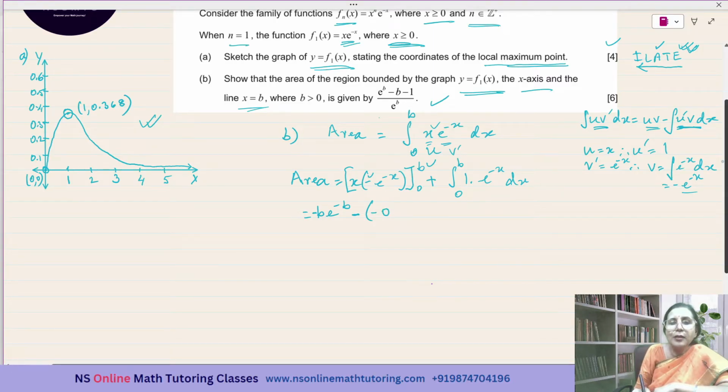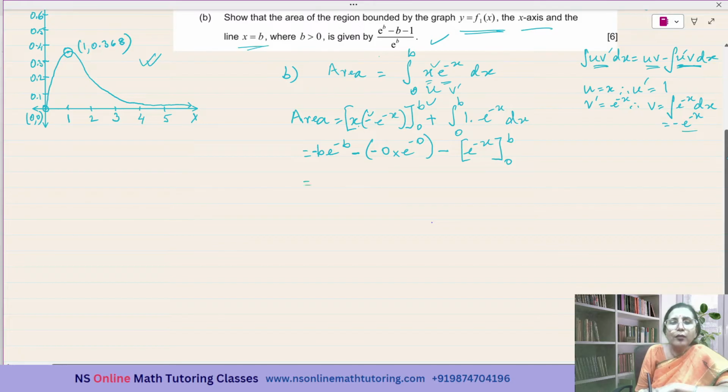So again I have written this minus sign over here, and for x it is 0, times e to the power of negative 0. Okay. And this one is, we know the integral of e to the power of negative x is negative e to the power of negative x. So there is a plus sign outside. So it is this e to the power of negative x from 0 to b. Okay.